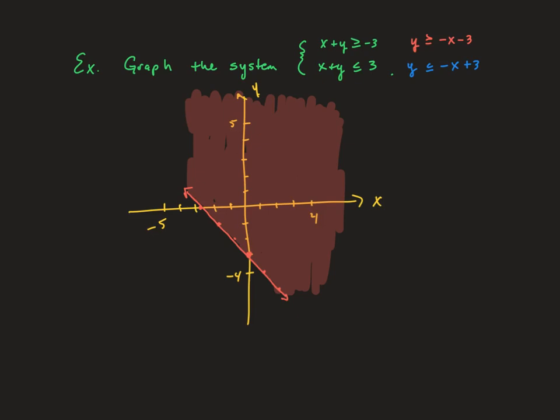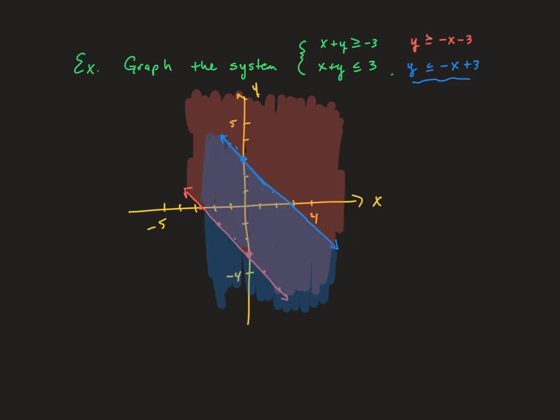And then we'll do the next one. Again, right here, I'm going to start off at 3, which is right here. And I'm going to go down 1, over 1, down 1, over 1, down 1, over 1, something like that. It's going to be a solid line again, and its solution is going to be less than or equal to, so everything down here, because it's from the line down.